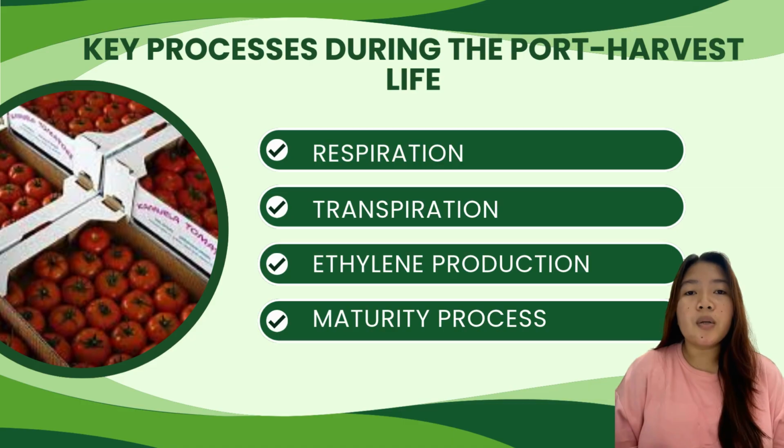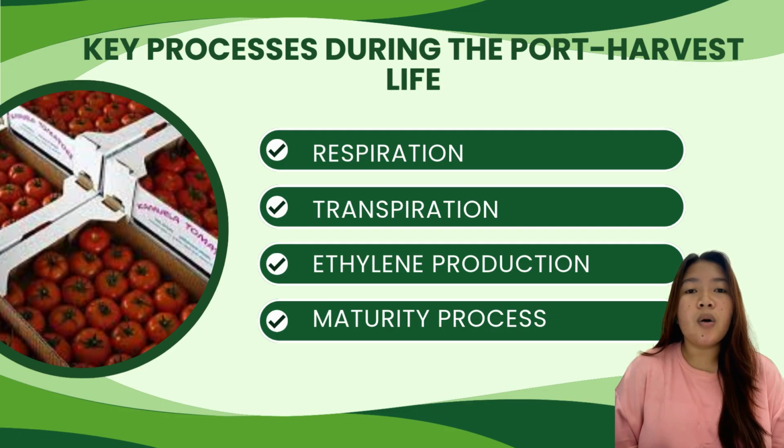Next, to master storage, we must understand that the produce is still buhi or alive even if it's picked. In our image, we see the 4 processes: respiration, transpiration, ethylene production, and the maturity process. Respiration is the plant breathing and using up its energy. Transpiration is the loss of water through the skin.